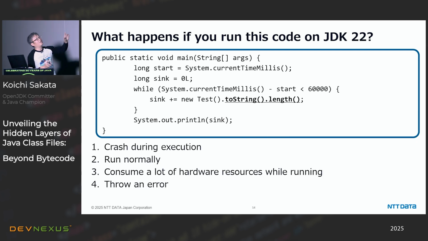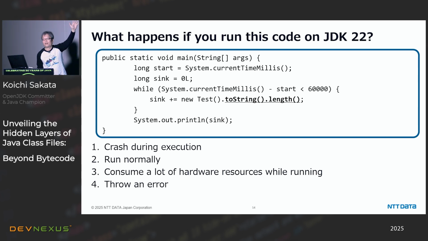Again, here is a quick quiz. What will happen if we run this code on JDK 22? Please choose from the following options. Who thinks it's option 1? Option 2?